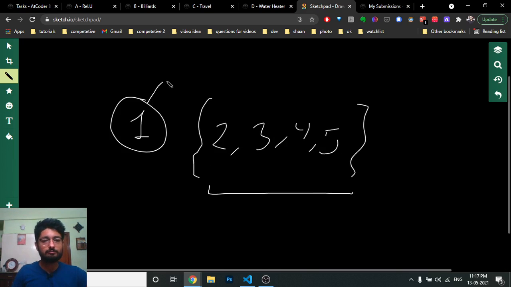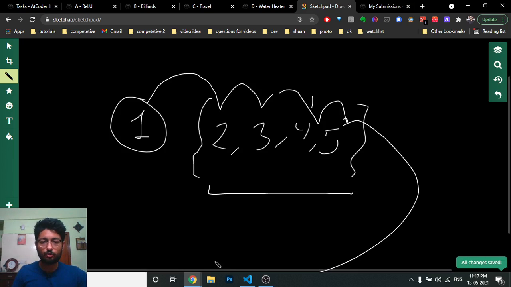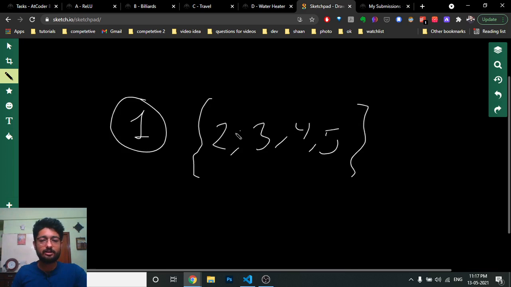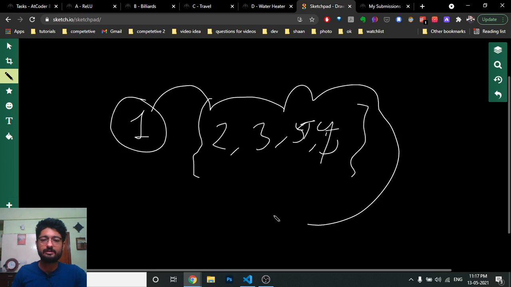From 1, maybe one permutation is 2 3 4 5, and when you come to the end of this permutation array, go to 1 again. You can find the time it takes for this particular path. Then go to the next permutation, maybe 2 3 5 4, and do the same thing: go through it and come back again.